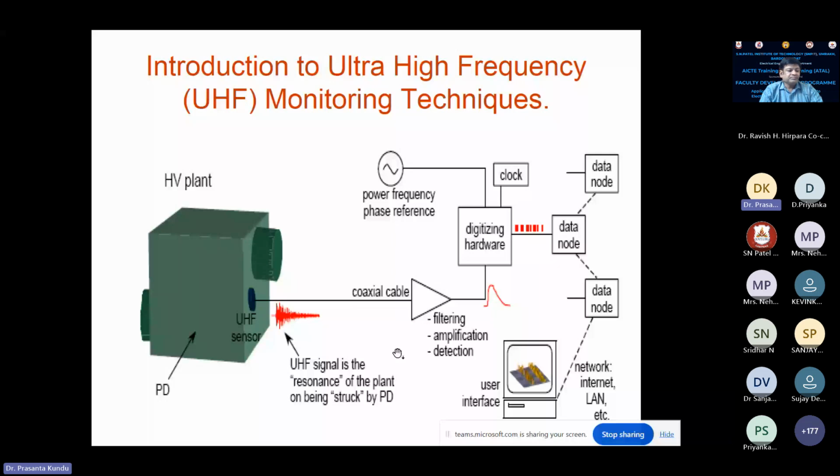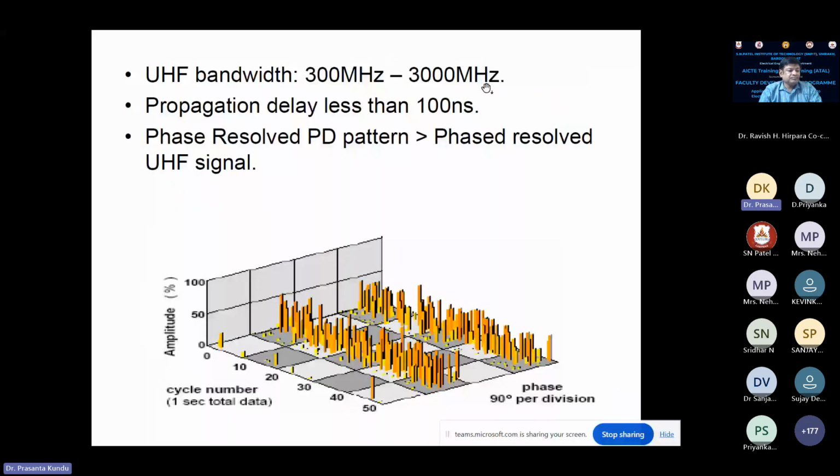Propagation time is very low, so from source to sensor it takes very little time. That's why the phase resolved PD pattern can also be used here, because that time is almost negligible compared to the cycle time of 20 milliseconds. So for PRPD analysis using UHF signals, we can assume that it reaches the sensor at almost the same time.